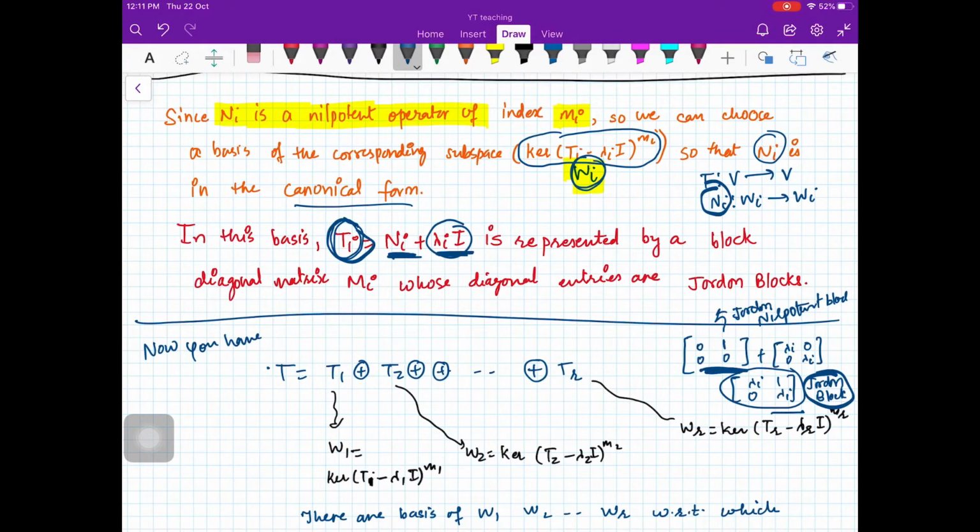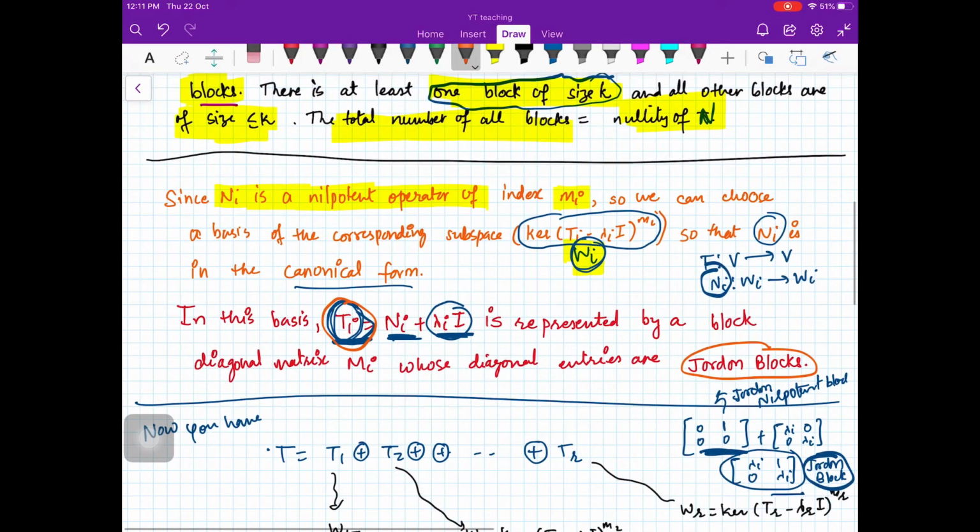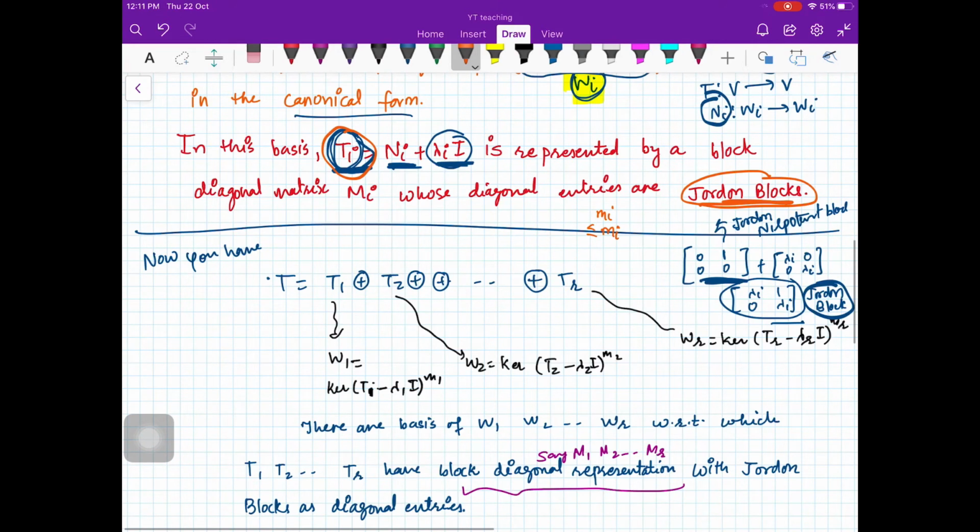So we get that for all the Ti's there are bases of the Wi's in which Ti has a diagonal representation where the diagonal entries are Jordan blocks. Again there is at least one Jordan block of size mi, and all other Jordan blocks are of size less than or equal to mi. So let us see where we reach.